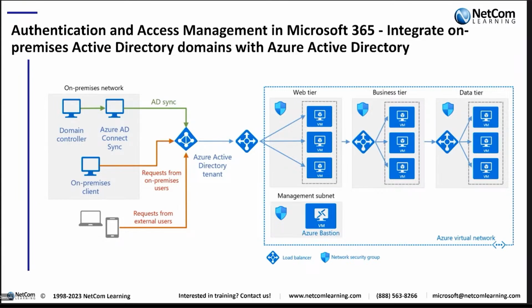We can see that there's a load balancer in place behind the Azure Active Directory tenant that will allow us to send the traffic to a number of front-end web tier servers. Then on the back end, we will have network security groups that will secure our business tier and our data tier systems.